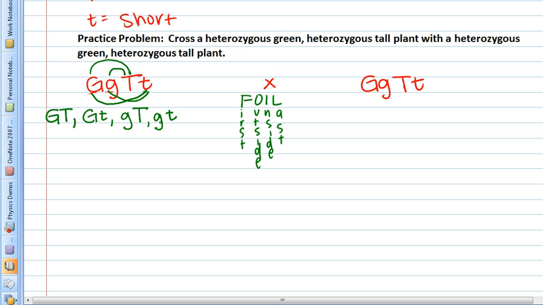Let's do the same thing again over here on this parent. Remember, we're going to take the firsts, big G, big T, the outsides, big G, little t, the insides, little g, big T, and lasts, little g, little t.